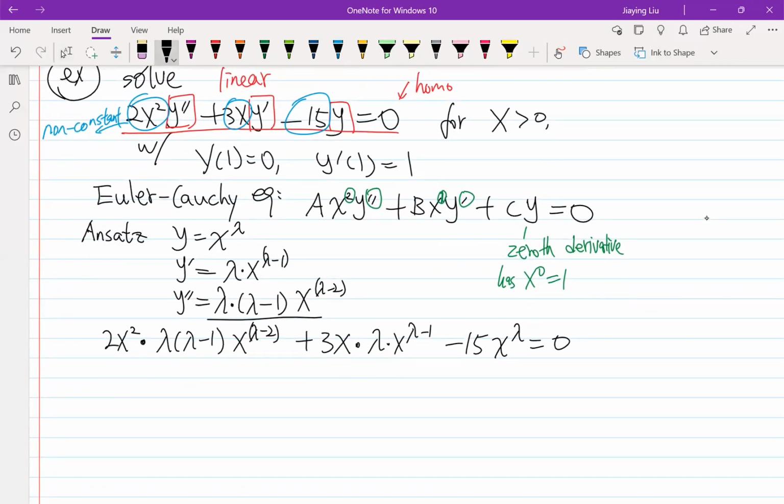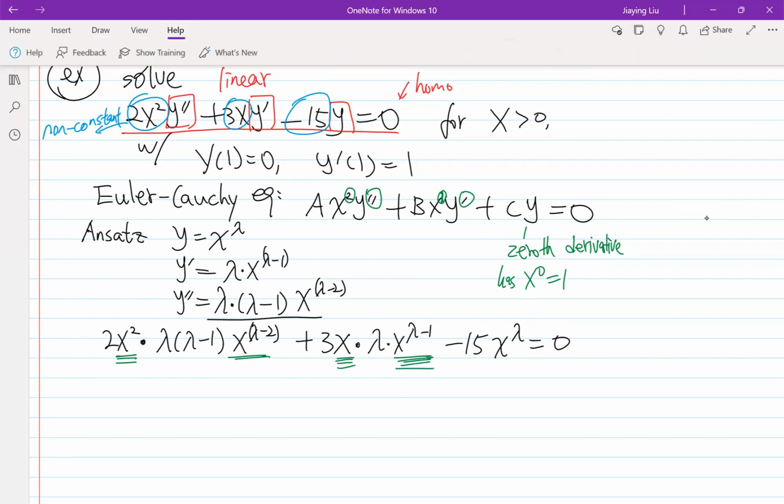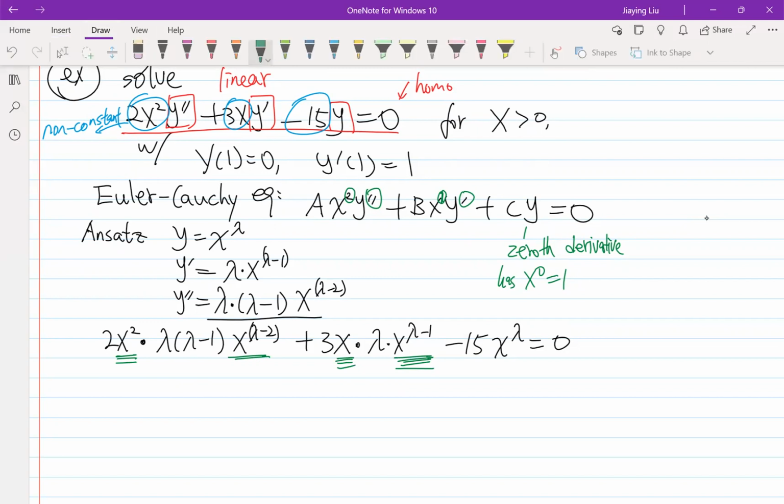And then what we do is simplify by multiplying all the terms together. For example, x squared times x to the lambda minus 2. When you multiply them, you add the exponents together, right? So that will give us x to the lambda. Same thing, x times x to the lambda minus 1 also gives us x to the lambda. So what do we have?